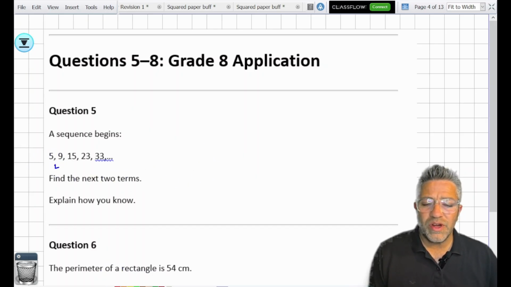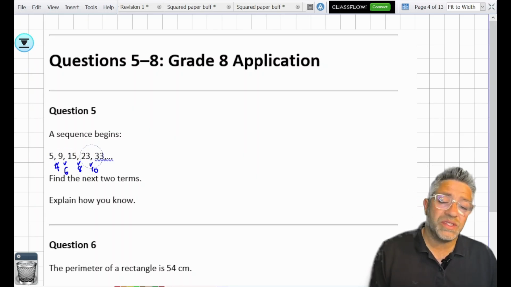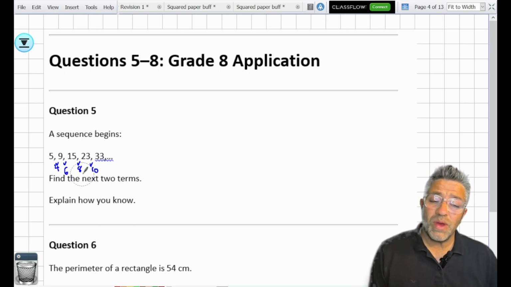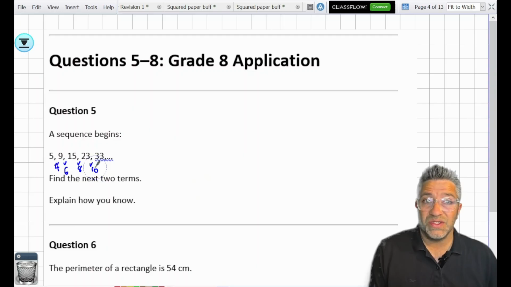Well, straight away, we should be familiar with writing down the difference between terms. And that's from the topics such as nth term, linear sequences. Now, straight away, we can see this isn't a linear sequence because the difference isn't consistent. There isn't a constant difference.